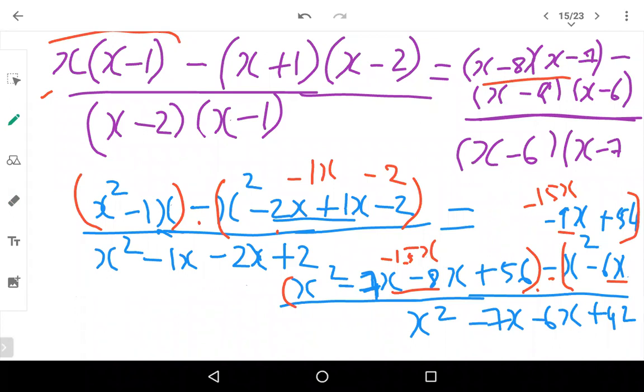Then minus will remain in the center. Later, x plus 1 into x minus 2, I have written the expression in one more bracket, that is x square minus 2x plus 1x minus 2. So that will become another expression, and the denominator will remain as it is for us.